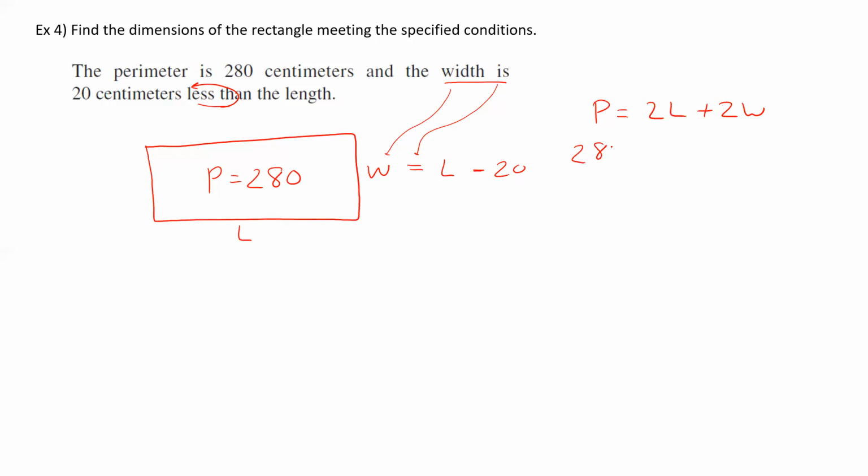So I'm gonna go with 280 plugged in for P. And then let's see, as I get to L, I still leave L as L. As I get to W, can I plug something in for W? Almost 20. Cool. And yours to solve, go for it.